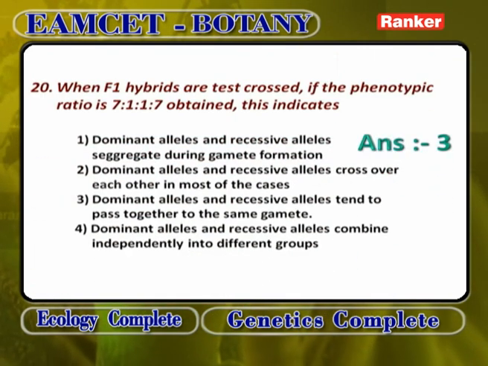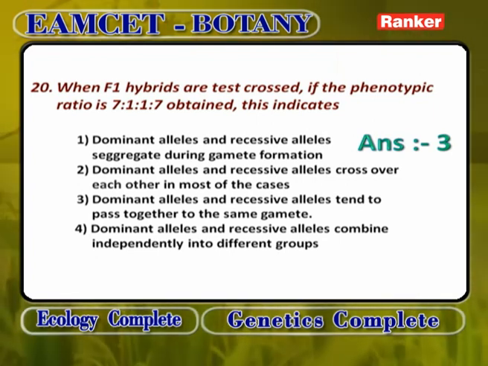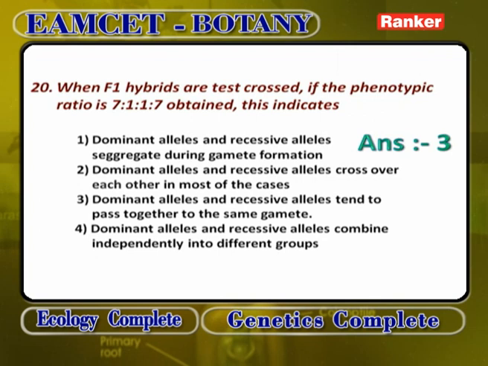When F1 hybrids are test crossed, if the phenotypic ratio is 7:1:1:7, it indicates linkage only. Dominant alleles and recessive alleles segregate during gamete formation is wrong.